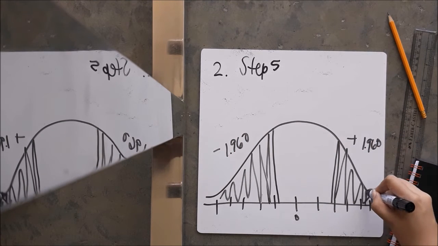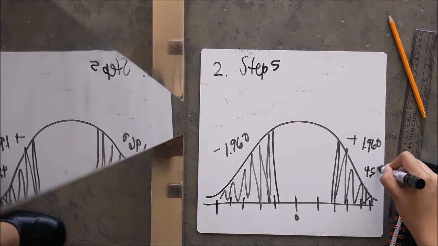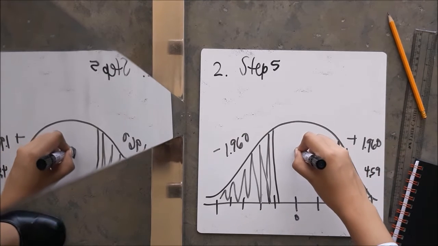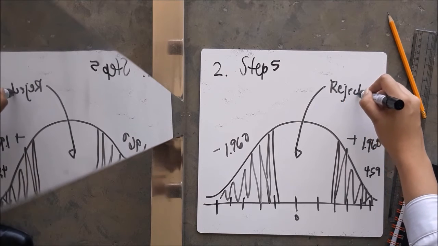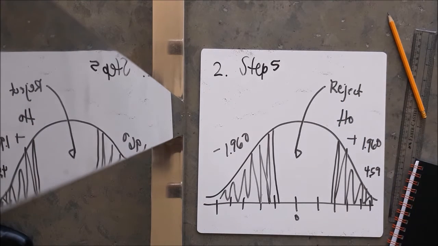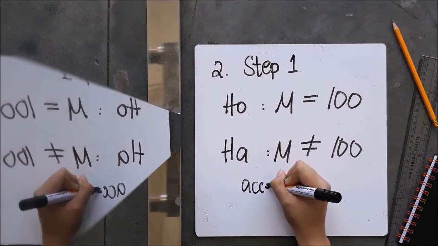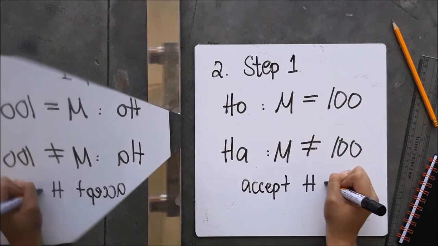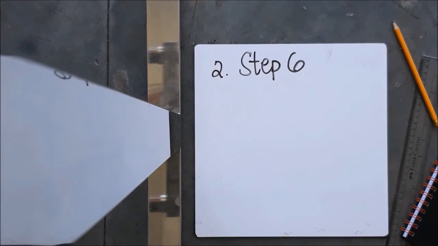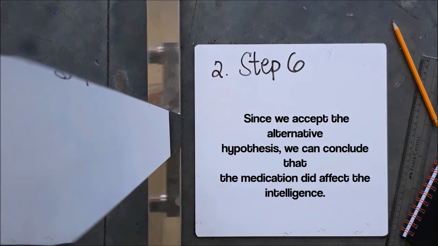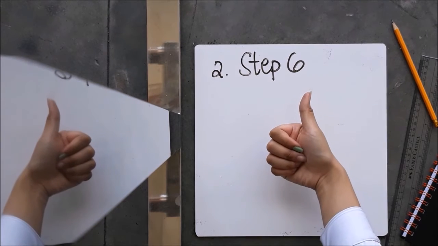And we will plot positive 4.59. And we will reject H0. Step number 6 is the conclusion. Since we accept HA, the medication did affect intelligence. And that's the final answer.